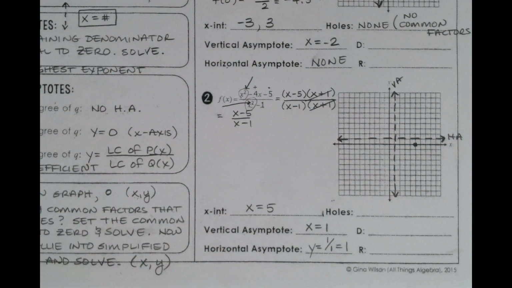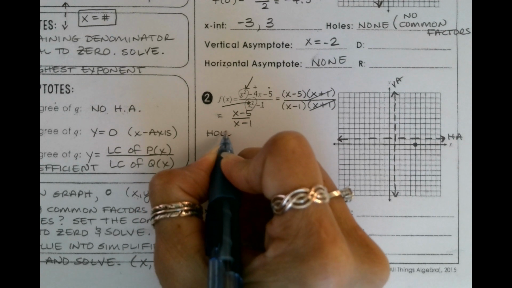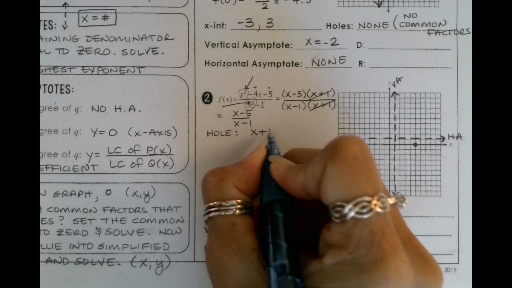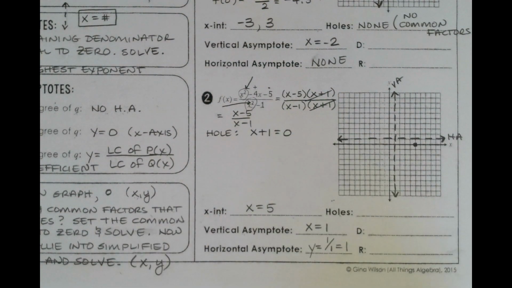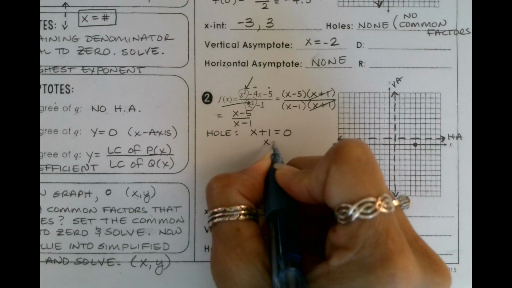All right, almost there. Let's do the holes. The holes asked, are there any factors that were canceled? And yes, we did have a canceled factor of x plus 1. So you write down the factor or factors that were canceled. In this case, we only had one pair. Set them equal to 0 and solve.